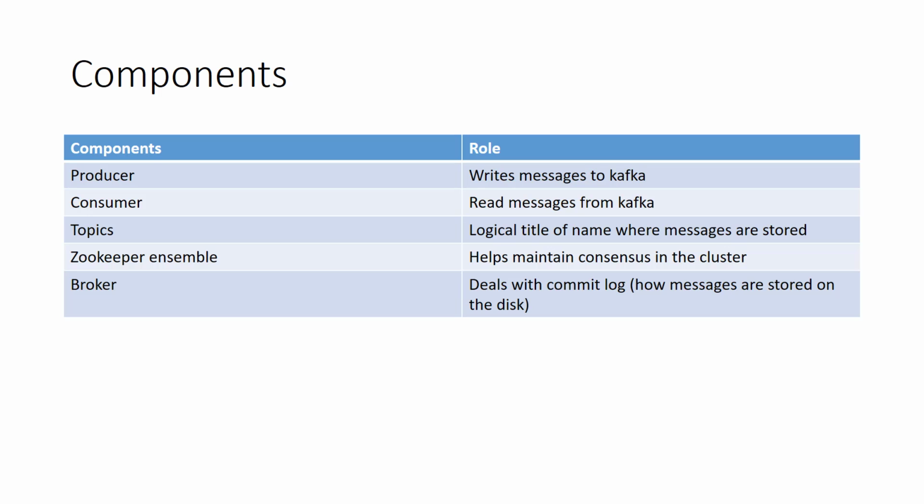Producers are applications that write messages to Kafka. On the other side, consumers are there to read messages from Kafka and do their own processing. Topics are logical titles and names for places where messages are stored, and the ZooKeeper ensemble, which we will elaborate on in the near future, helps maintain consensus in the cluster.